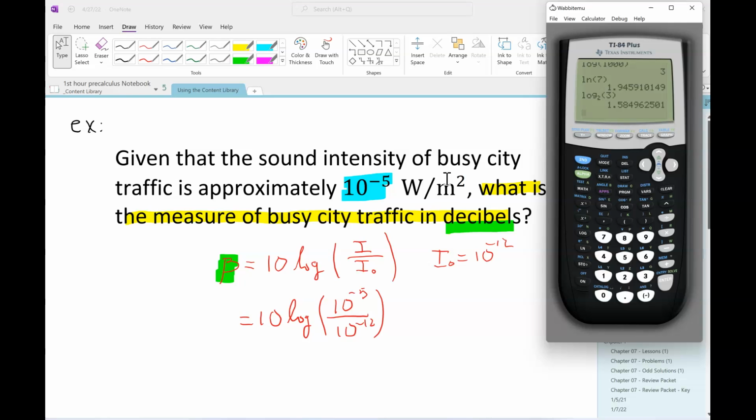You'd have to make sure your constant matched the unit of the other measurement. It would only be a units issue. So I'll just type this into our calculator, exactly as it's written.